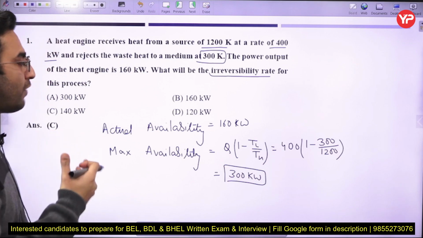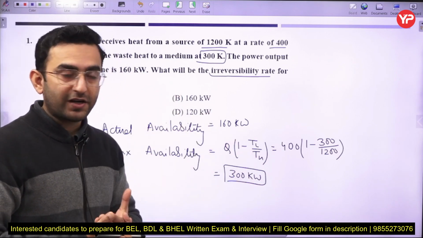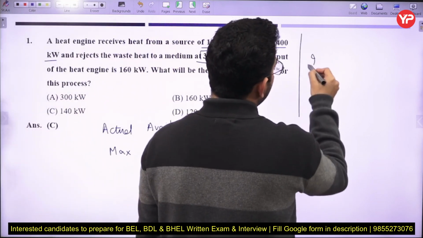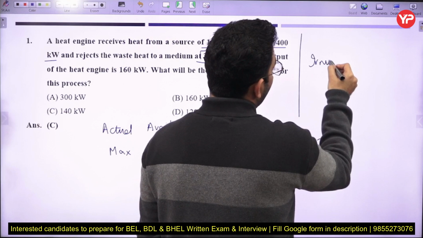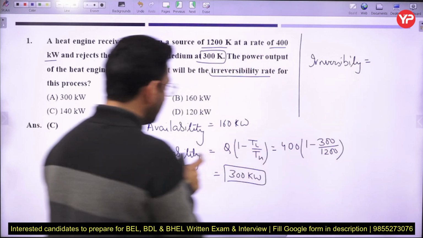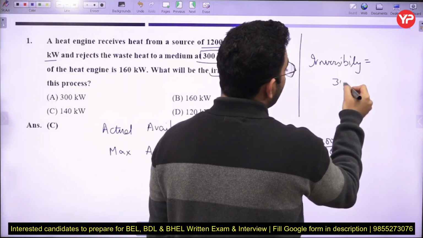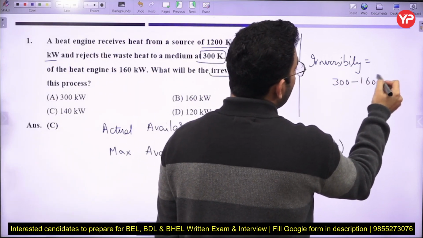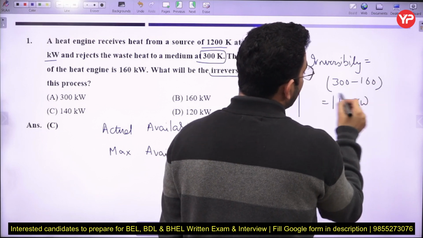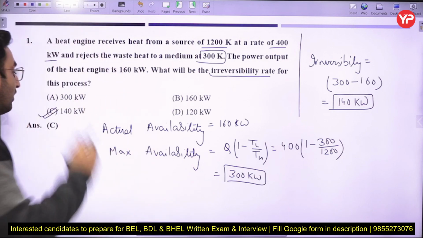So the increase in unavailable energy, or the decrease in available energy, or the irreversibility rate, can simply be calculated by taking the difference of maximum availability minus actual availability. So the irreversibility rate is the difference of 300 minus 160 kilowatt. The answer comes out to be 140 kilowatt. So option C is the correct answer for this part, 140 kilowatt.